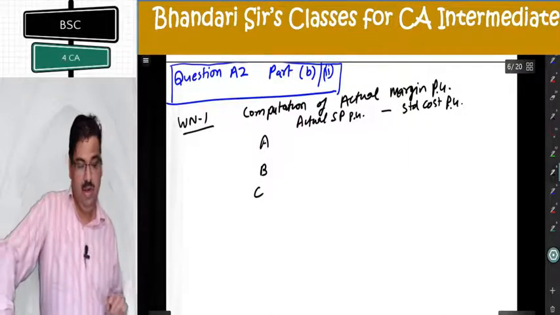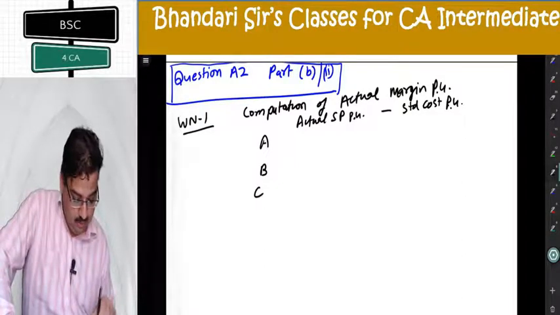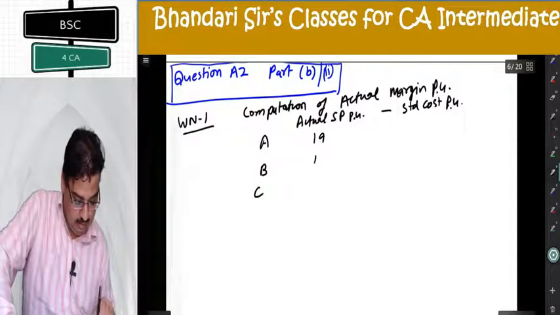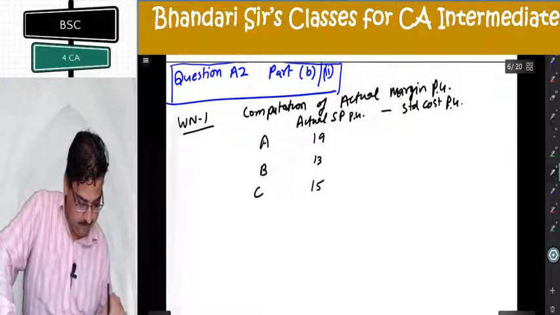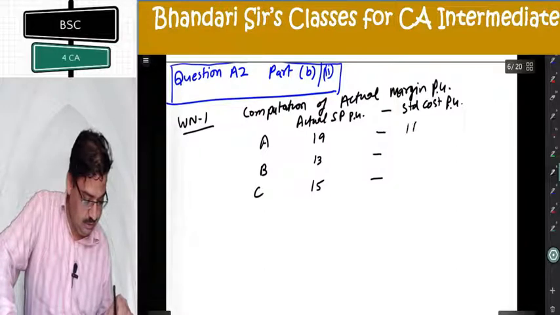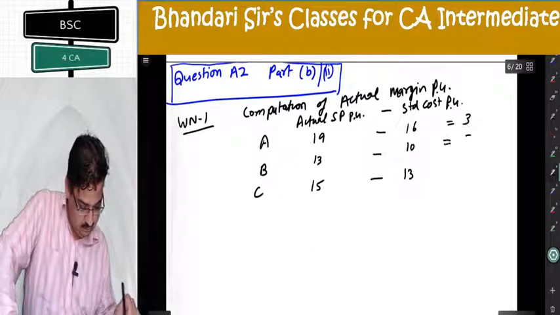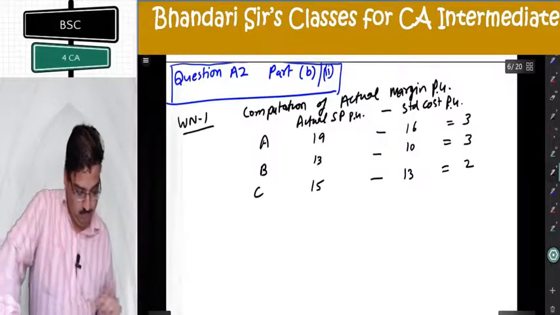You are surely given actual cost but will not be used here at all. So actual selling price 19, 13, 15. Standard cost per unit 16, 10 and 13. This is 3, 3, 2.